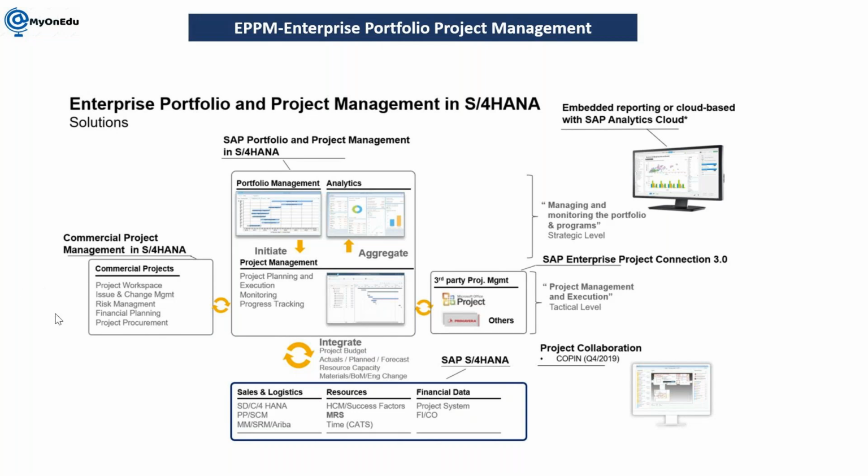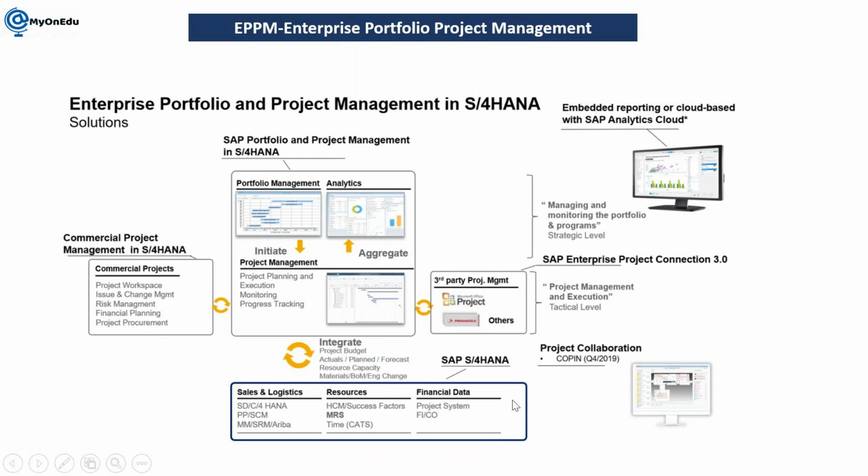Each module, whether commercial project management, portfolio and project management, or project system, has its own functionalities, but all of them are relevant to project management. That's why they were kept in one place to form this package called EPPM, enterprise portfolio and project management.